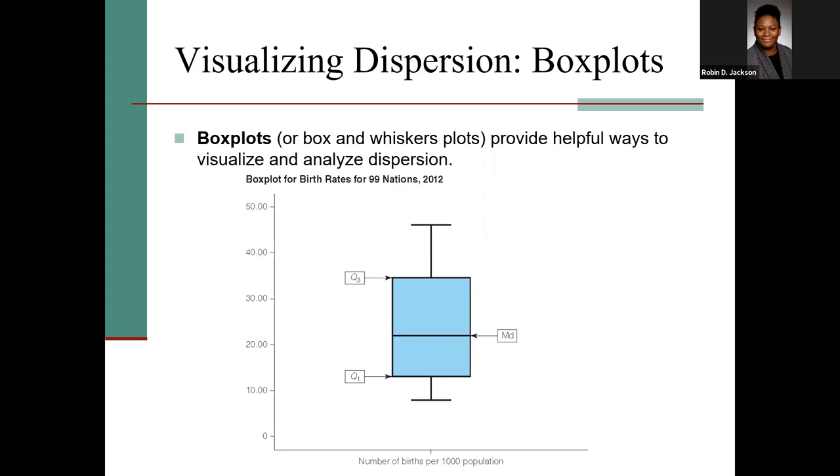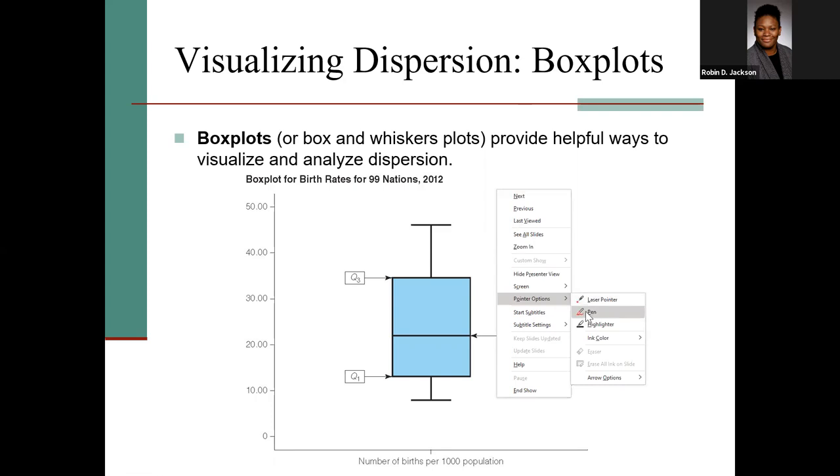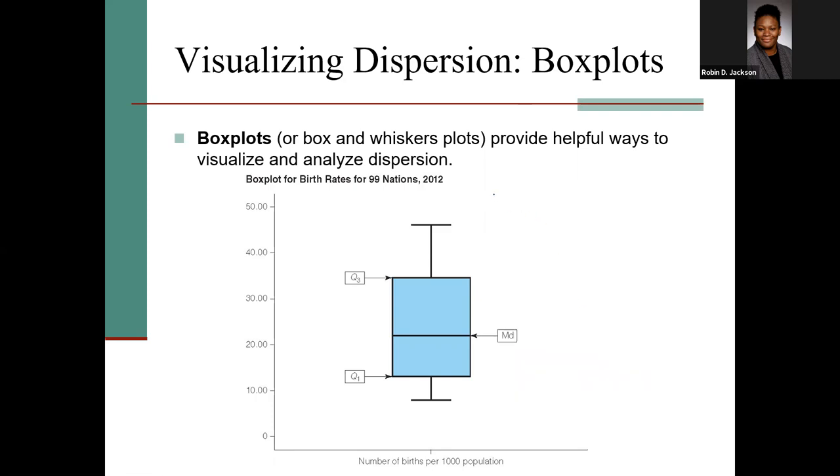Then 2 horizontal lines extend from the box. The 2 horizontal lines extending from the box in the box plot are called the whiskers. The 2 whiskers span the range of non-outlier scores. An outlier is basically defined as any score that falls outside the whiskers of the box plot. So let's say you have a score of 90 up here.